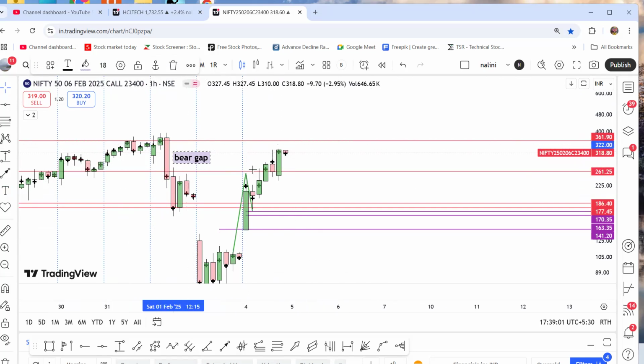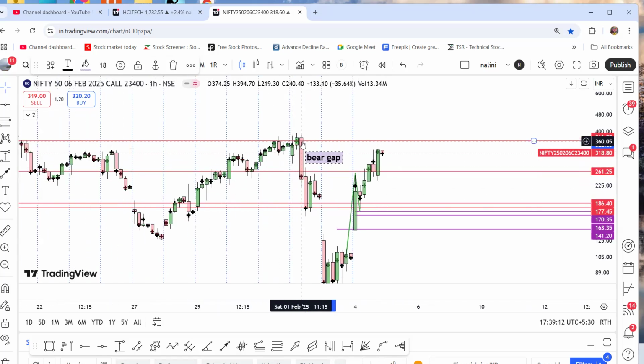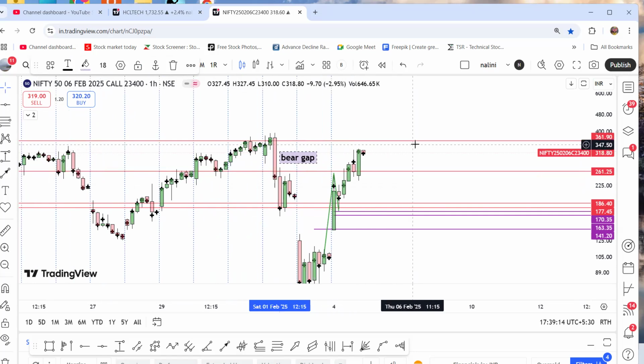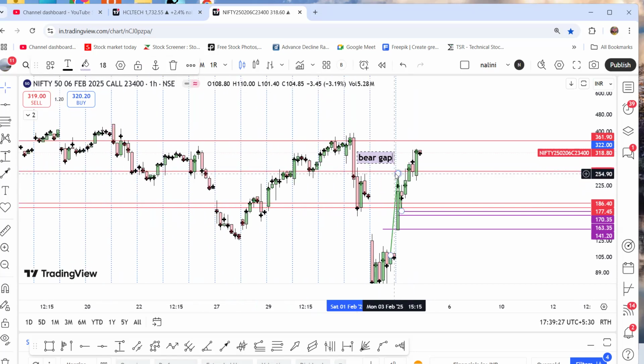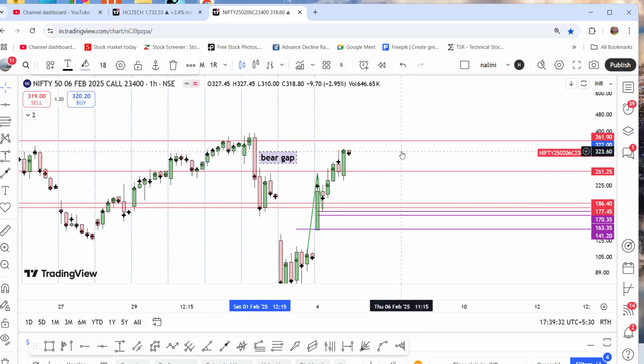So in this way also you can anticipate the target to fill this gap around 361. Tomorrow, carefully watch this level 361. Suppose it hits this premium on the 23,400 call option in the early morning, if Nifty opens positive, then it may fill this gap and come down.